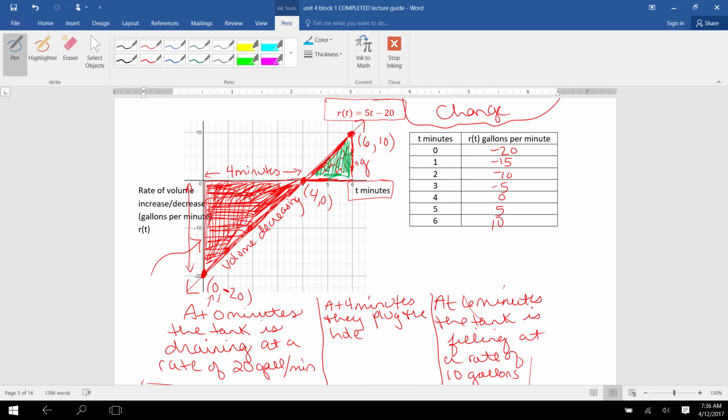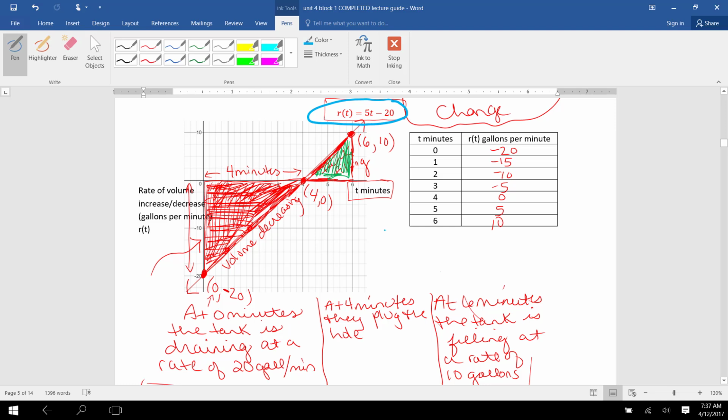And in example 3, we actually performed 3 different calculations. We have a rate function, r of t equals 5t minus 20. The first thing we did was find the area of this big rectangle below the x-axis, from t equals 0 to t equals 4. It was all below the x-axis.